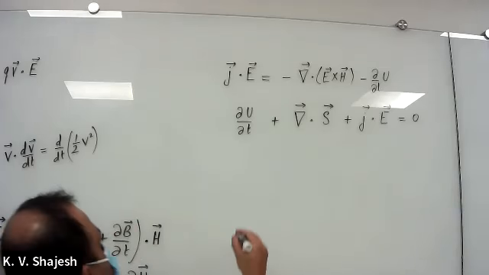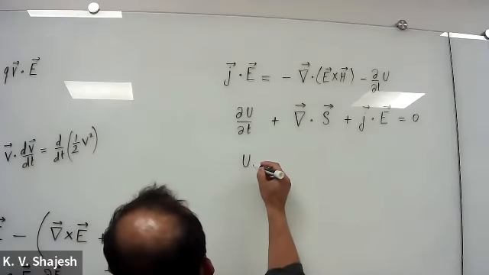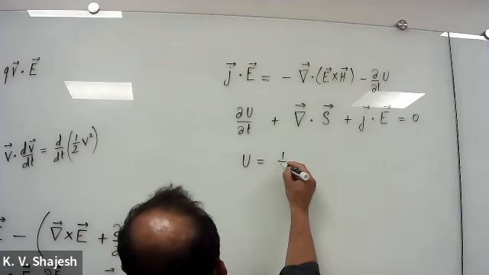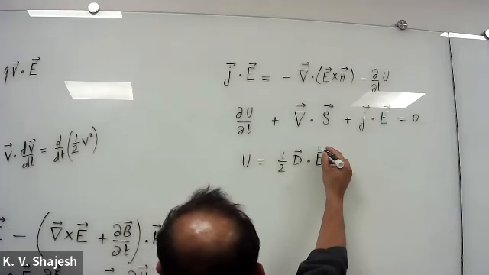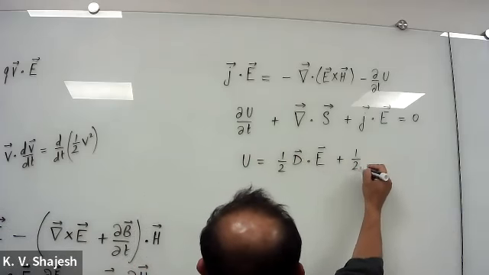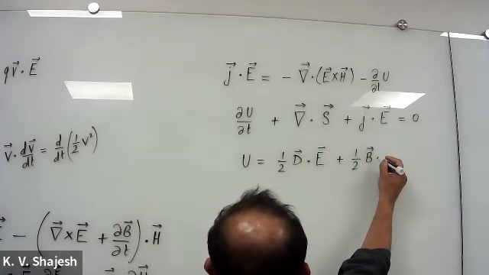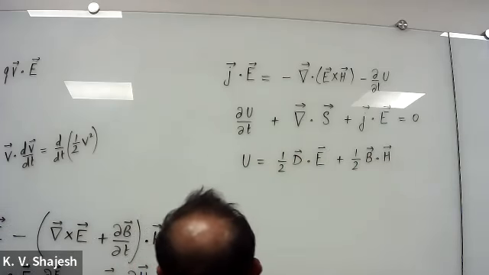Where the definitions are U is equal to half E dot D plus half B dot H. That's energy density.